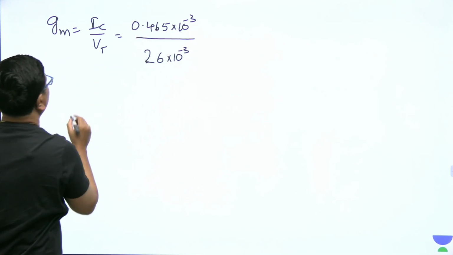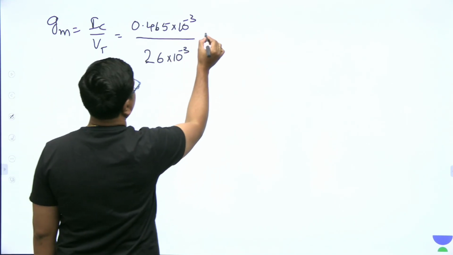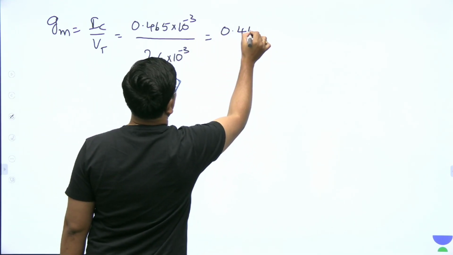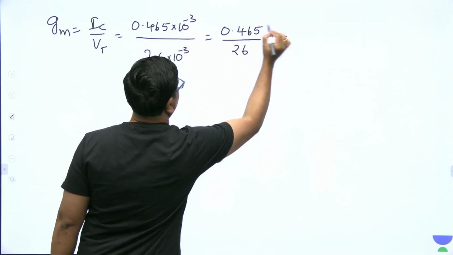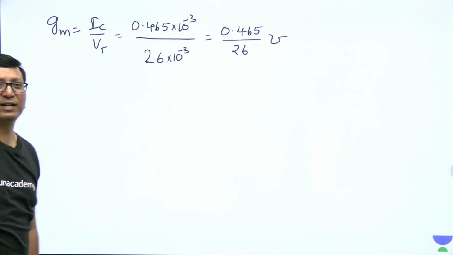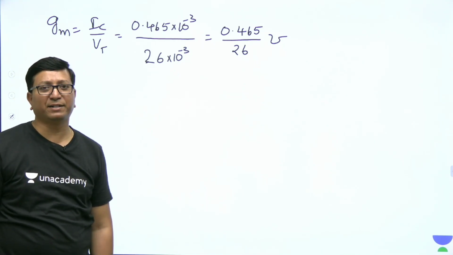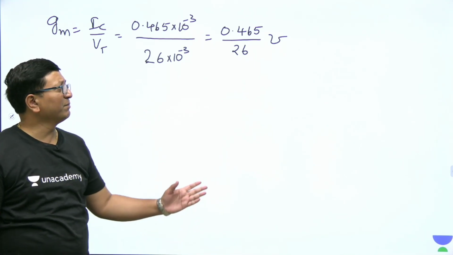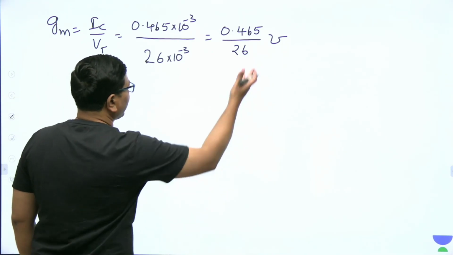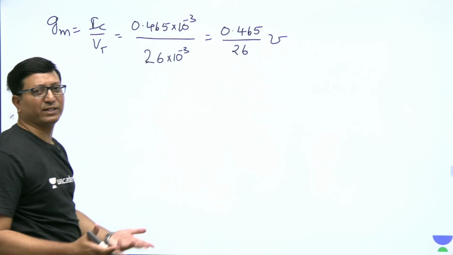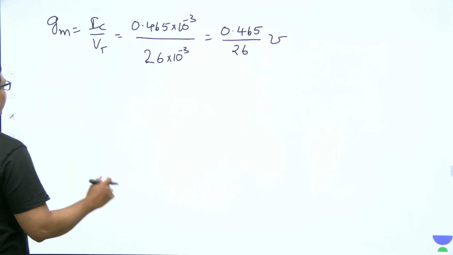Its value is 0.465 by 26. Its units are mhos. You will get around 17.88 millimhos. If you want, you can write it. Otherwise, we can leave it to save time. However you do, it doesn't matter.